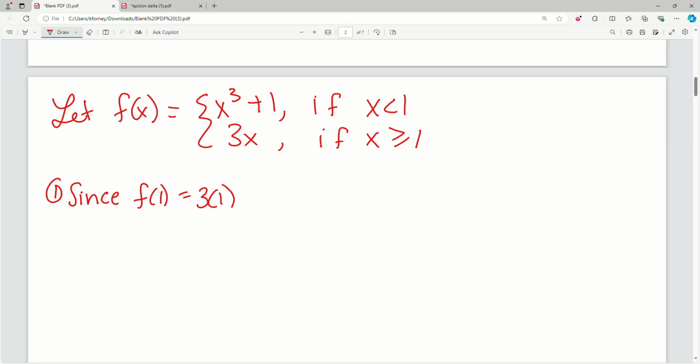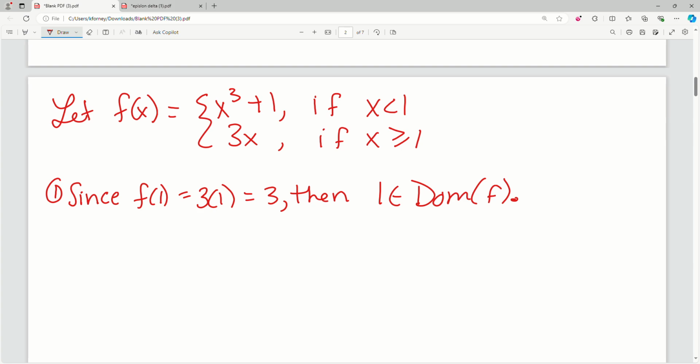If I substitute in, I get 3, so 1 is in the domain. That doesn't mean it's continuous. That's one of three pieces. If one of the three works, that's great, but it needs all three. If one of them doesn't work, then we can say it's not continuous.